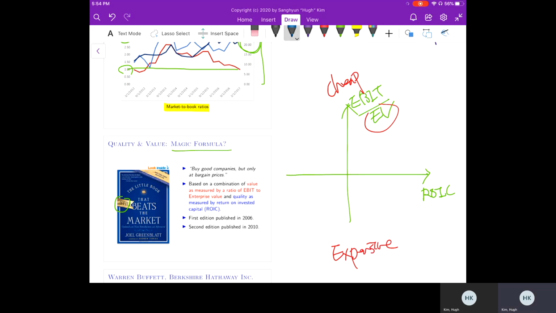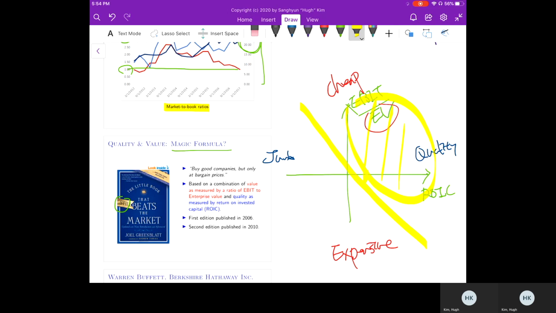And high return on invested capital means quality, and low means you know what. So the relationship is typically like this. So Joel Greenblatt proposed investing in companies that lie over here.